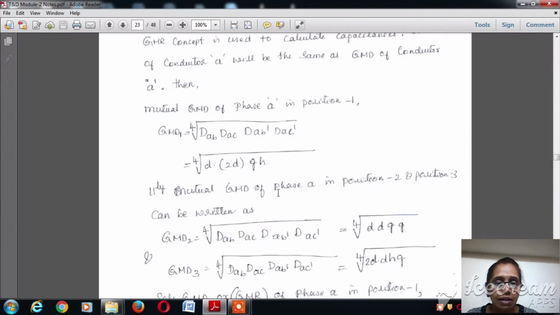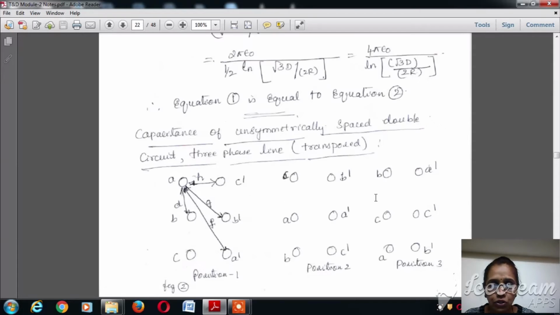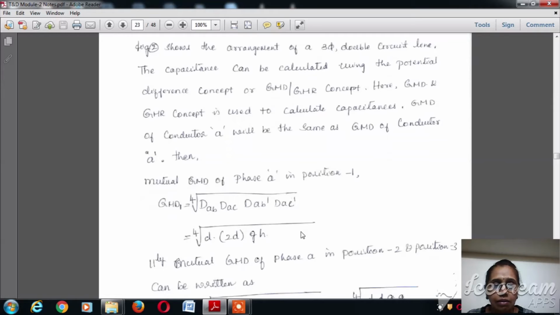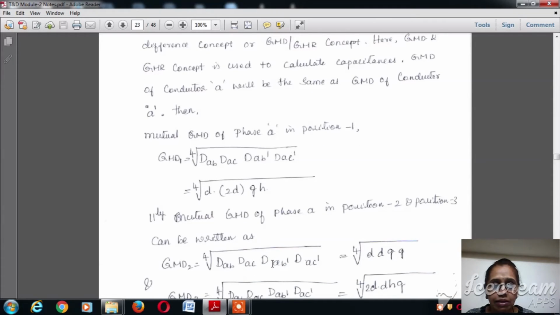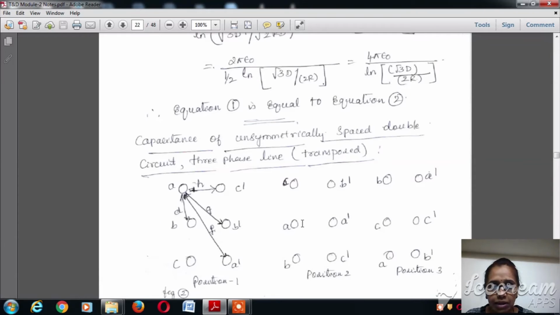Now similarly, the mutual GMD of the phase A in position 2 can be taken, and then position 3 can also be written. So GMD2 is equal to the 4th root of, let's come to the second figure, that is position 2, DAB, DAC, DAB dash, DAC dash.